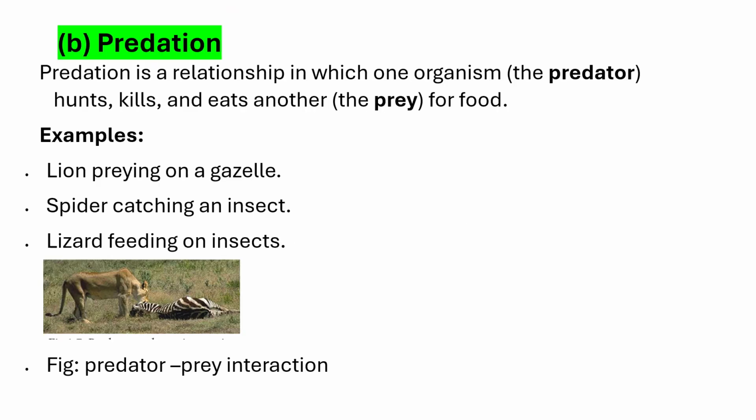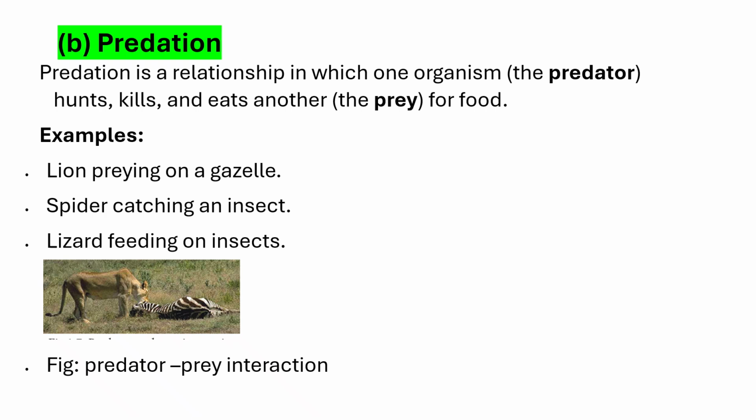Predation is also one form of interspecific relationship. Predation is a relationship in which one organism, the predator, hunts, kills, and eats another, the prey, for food.